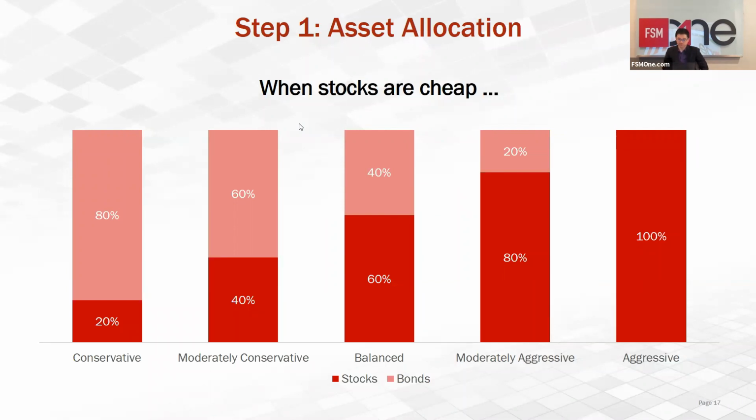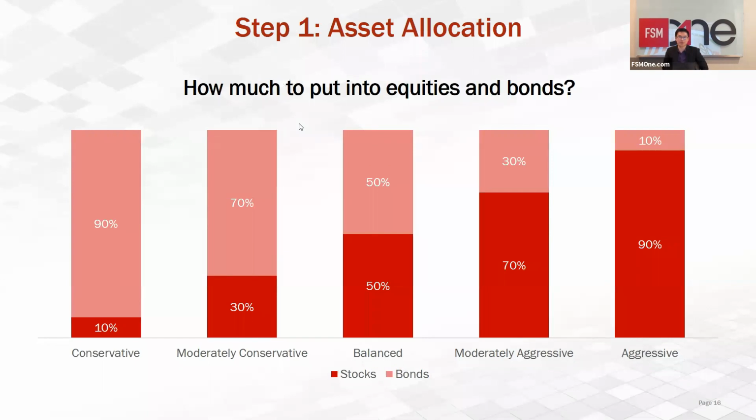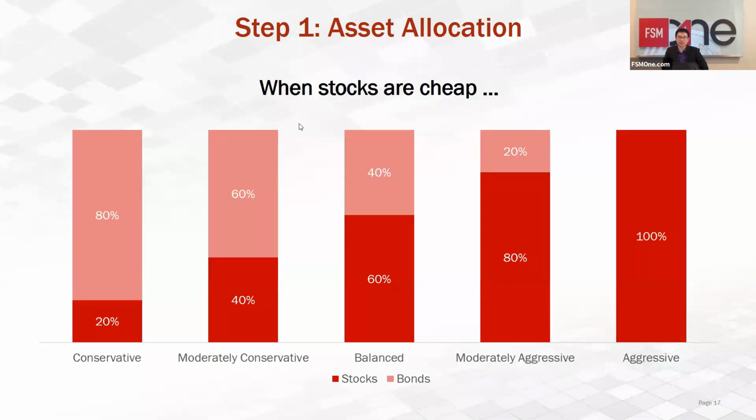I'd like to use one portfolio as an example. At the start, for the balanced portfolio, my allocation is 50-50. But if I think stocks are offering very good value, if I think stock markets are cheap and now is perhaps the right time to have a bit more exposure to the stock markets, I can adjust my allocation from 50% to about 60%.